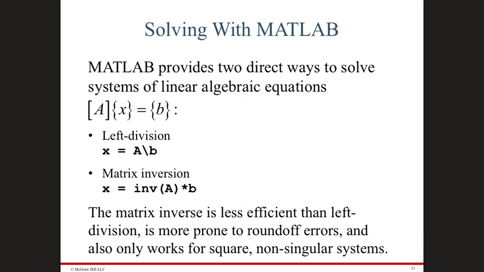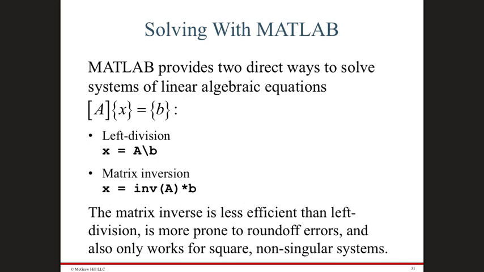This one is used to perform the operation of solving a linear equation composed of a matrix A, a set of unknowns X, and a vector of constants B, by saying X equals A left division over B. And this means B divided by A, which simply means the inverse of A multiplied by B, that's how MATLAB interprets it. It's the inverse of A multiplied by B, okay?